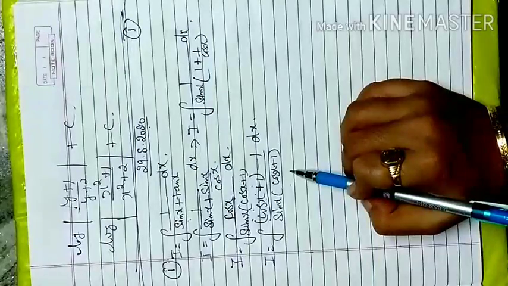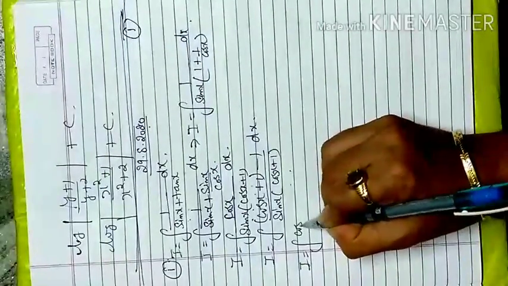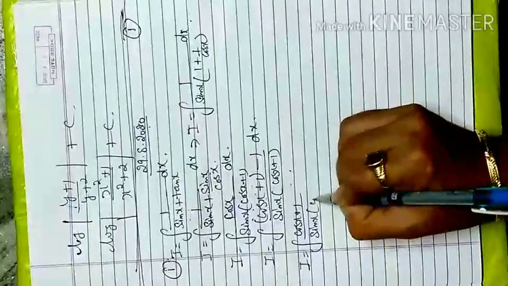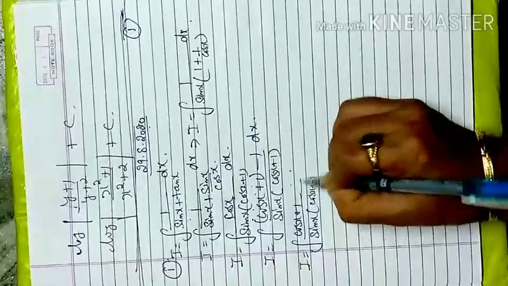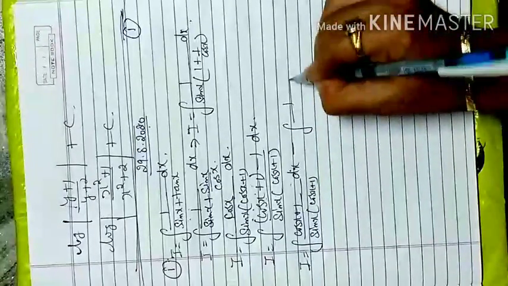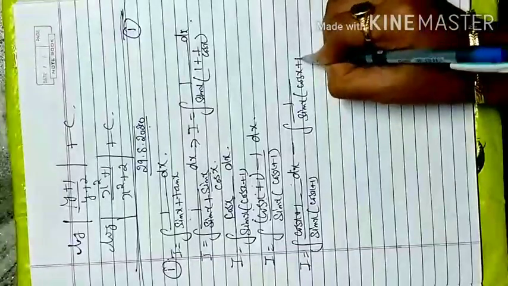Here I is equal to the integral of cos x plus 1 upon sin x into cos x plus 1, now I separate the term, then minus integral 1 upon sin x into cos x plus 1.